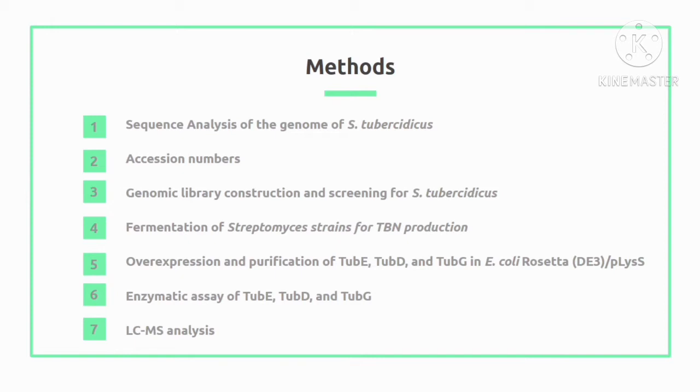Then, to make sure they can produce tubercidin, they ferment the Streptomyces strains, and then they overexpress and purify Tub-E, Tub-D, and Tub-G, which are proteins, in E. coli via genetic engineering. Then they conduct an enzymatic assay of Tub-E, Tub-D, and Tub-G, and finally liquid chromatography and mass spectrometry analysis.